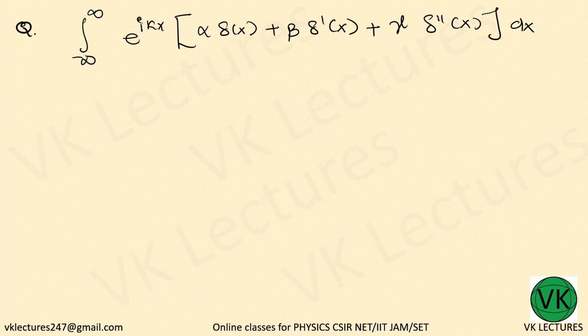As a question, take the integral from minus infinity to plus infinity of e to the power ikx into alpha delta of x plus beta delta dash of x plus gamma delta double dash of x.